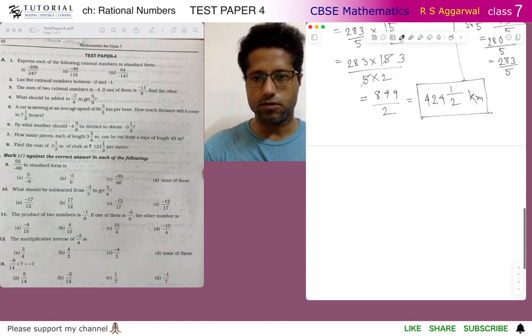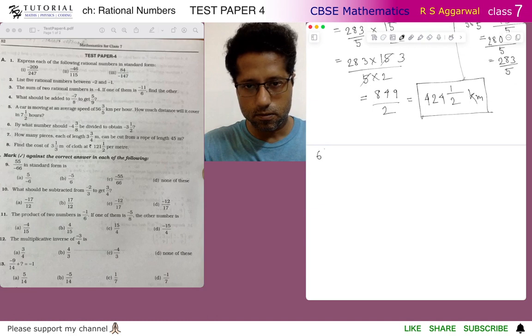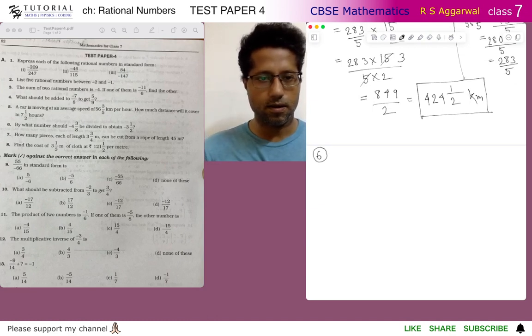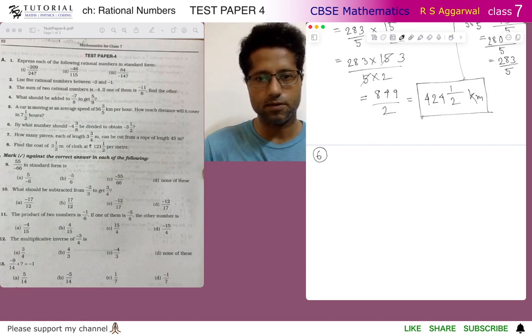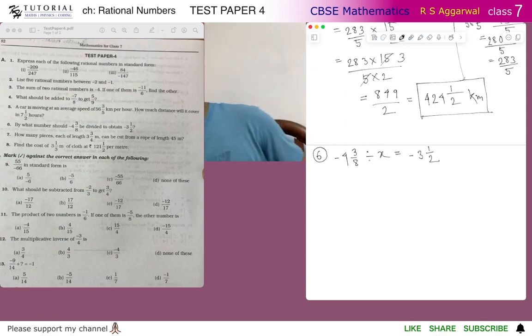Okay, let's do question number 6. By what number should minus 4 and 3 by 8 be divided to obtain minus 3 and a half? Let that number be x. Then the problem statement is minus 4 and 3 by 8 divided by x will give minus 3 and a half. We have to find x from here.